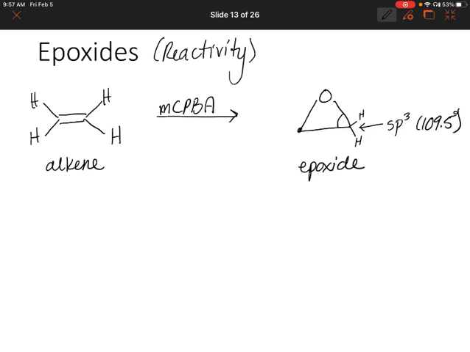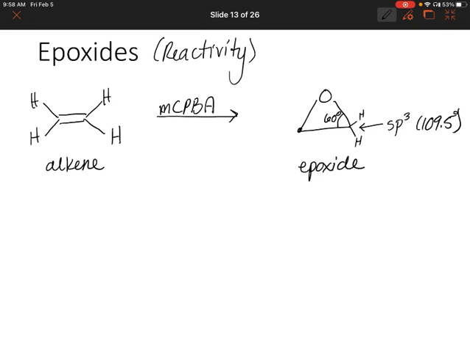And what is the angle there in the corner of the triangle? Might have to think about geometry for a second. 60 degrees. That is way less than 109.5.